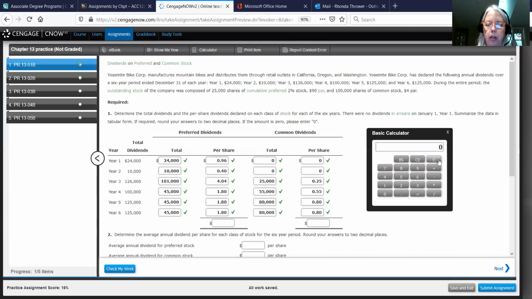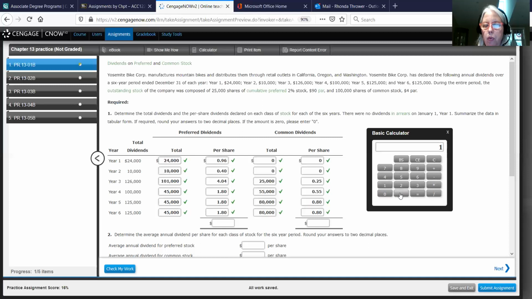The next thing we need to do is just add up our column for our preferred dividends per share. In year one, it was 96 cents. We're going to add year two to that, which was 40 cents. In year three, it was 40 cents.